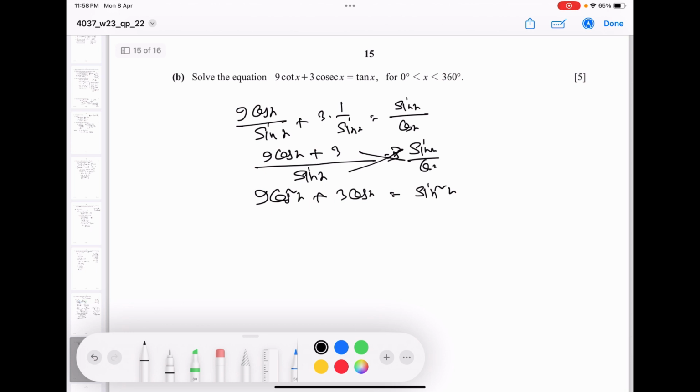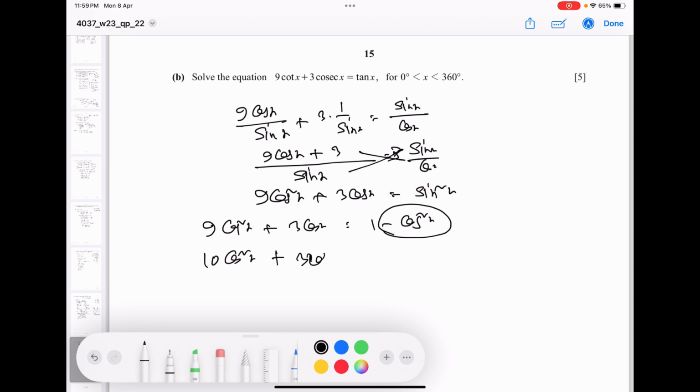Now this time it is necessary to convert sin x to cos x. So 1 minus cos square x, and cos square x goes on the other side, it will be plus cos square x, or 10 cos square x plus 3 cos x minus 1 equals 0.